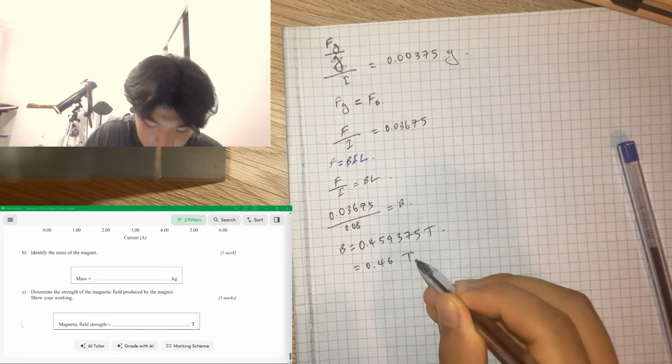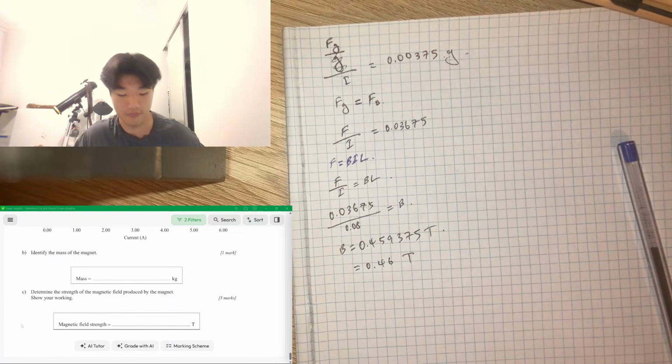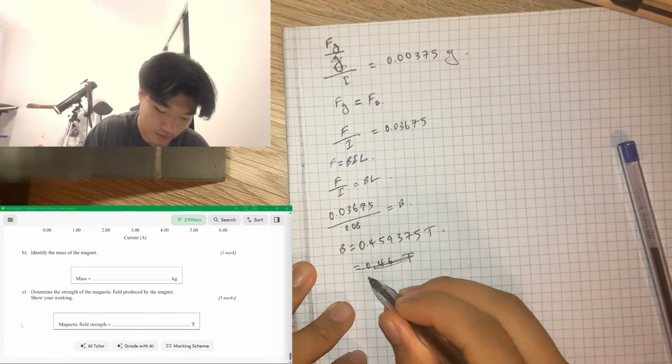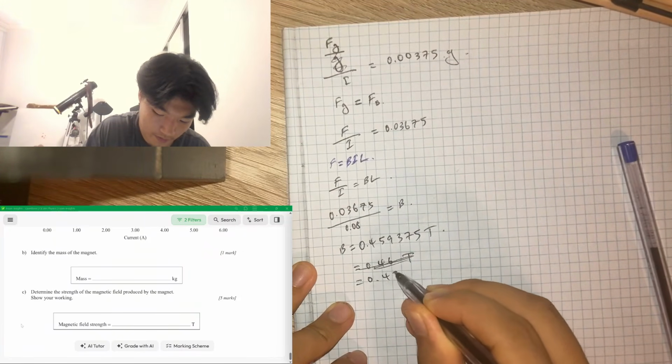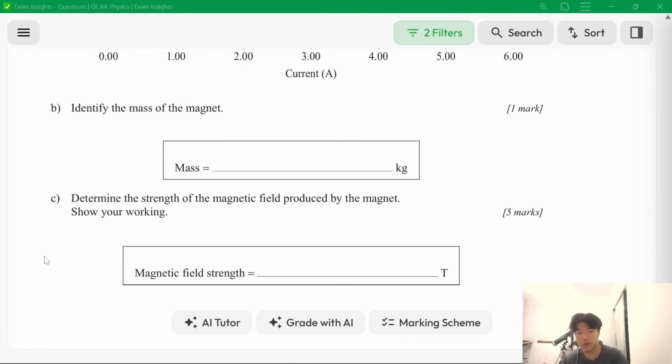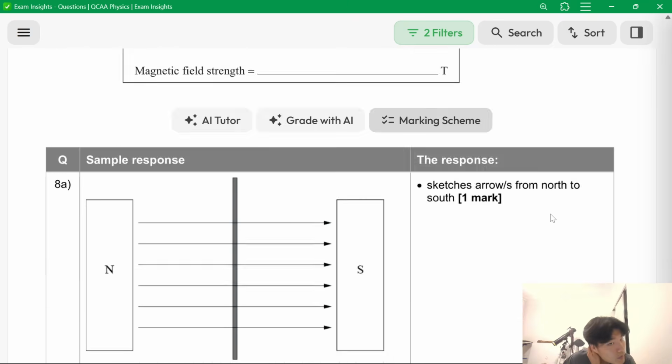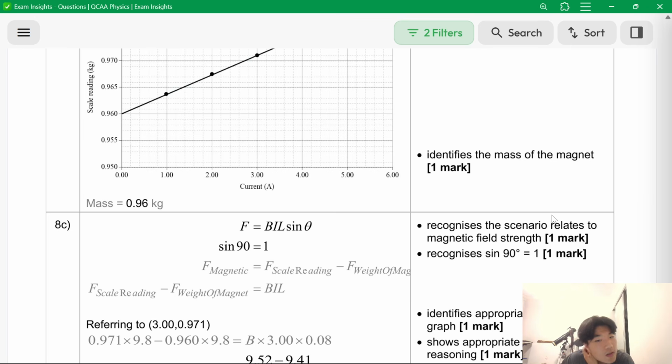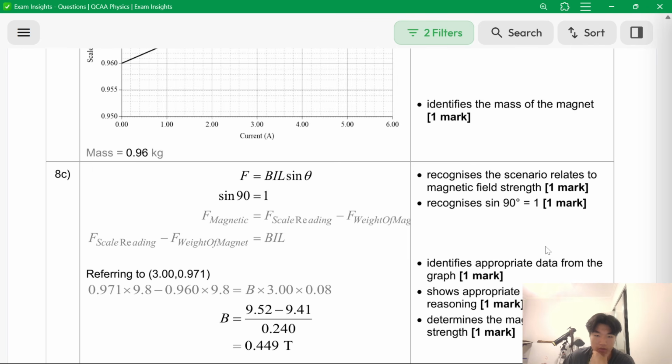No, we'll use 2 Teslas. 0.46. Actually, no. 3 significant figures. It's probably wrong anyway. Don't know why I'm doing too much. Okay, so yeah, I get 2 marks at least.